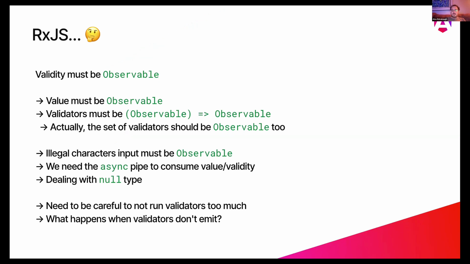And that means our validators have to work in observables instead of just plain values. And that set of validators really should be observable as well, because we can add and remove validators, and that can change the validity status. And that means that our inputs suddenly have to become observable, and we need to use the async pipe everywhere we want to show this thing, which introduces a null type. It's a lot of considerations just to connect the reactivity into an onPush component.